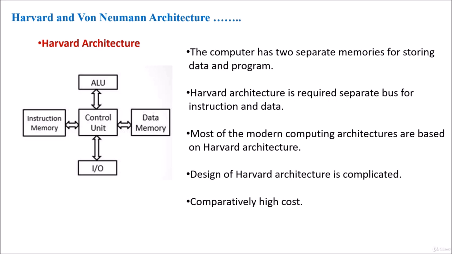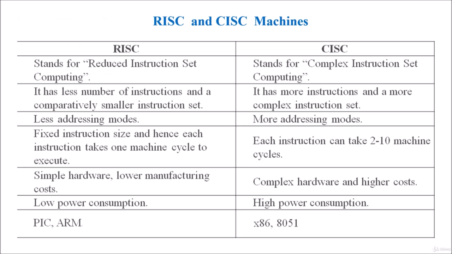Because of this, the speed of execution of instruction is faster in Harvard architecture than von Neumann architecture. Most of the modern computing architectures are based on Harvard architecture. Now, due to the separate instruction and data memory, the Harvard architecture is complicated and cost of this architecture is comparatively high.